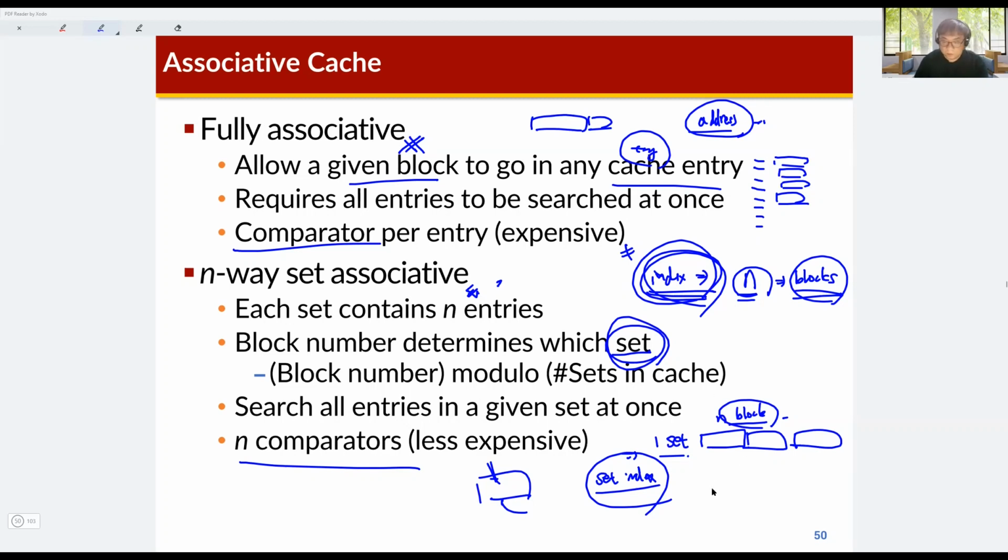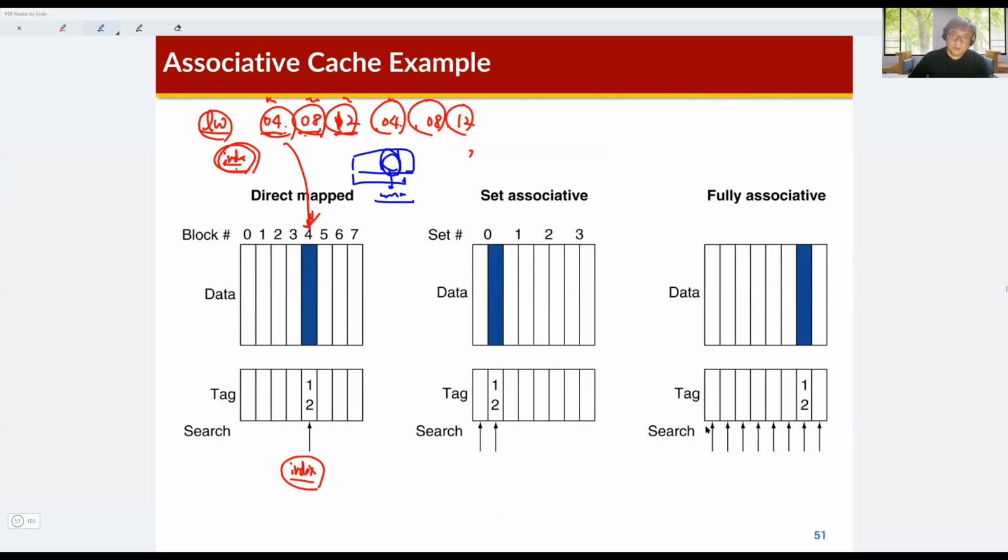Also, with this cache, one set can store multiple blocks, so we can avoid this case: a repeated sequence where the requests share the same index, and because of this sequence, even though the address is repeatedly referenced, it is evicted from the cache.